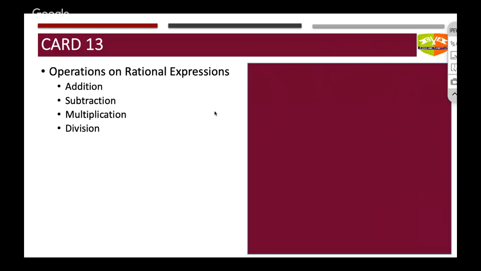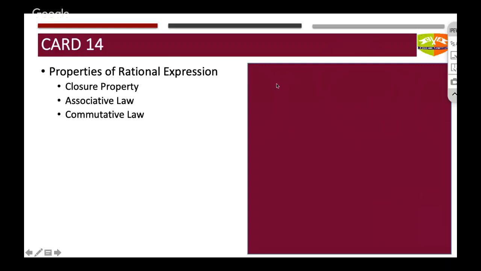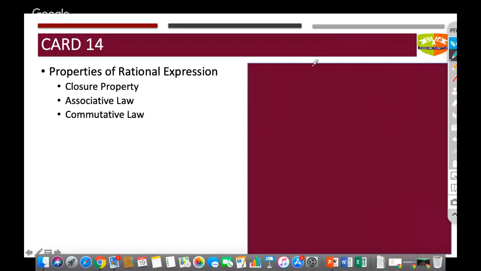If you look at the laws for addition and subtraction, suppose p(x) by q(x) is one of your rational expressions and r(x) by s(x) is the second rational expression.